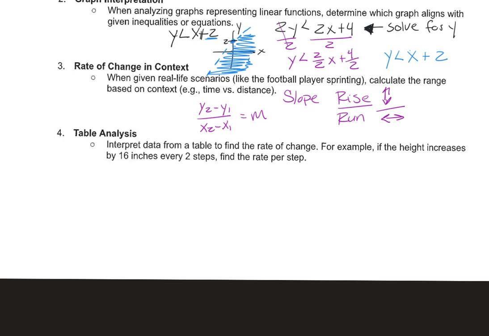And then table analysis. So let's say you have some data. I want you to be able to interpret data from a table to find the rate of change. For example, if the height increases by 16 inches every 2 steps, find the rate per step. A couple pieces of information here I want you to see. Rate per step, that information is telling you that is going to be your denominator.